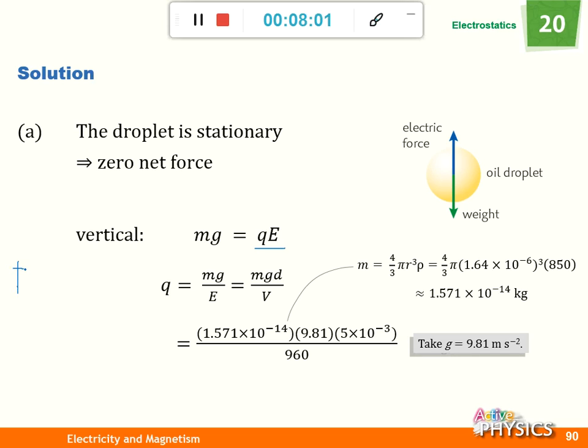Once again, the definition of electric field strength is force per unit charge, so the electric force should be QE. In this part, we want to find Q. You know M, you know G, but I don't know E. We have the other formula for parallel plates, E equals V over D. You can put V and D in it. After your calculation, you can find out this will be the charge on it.